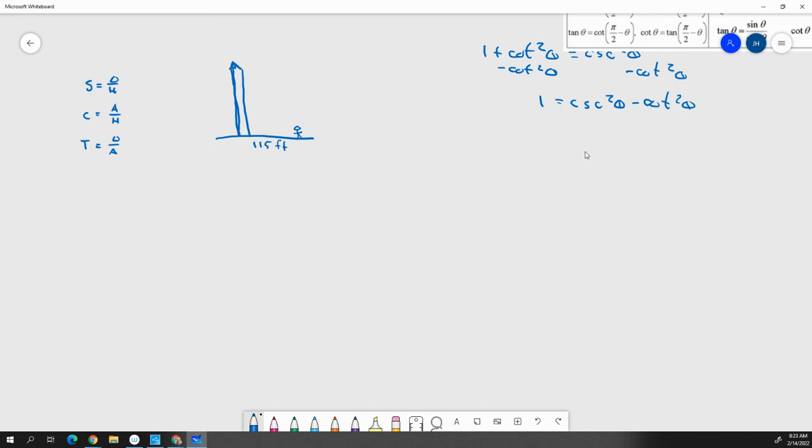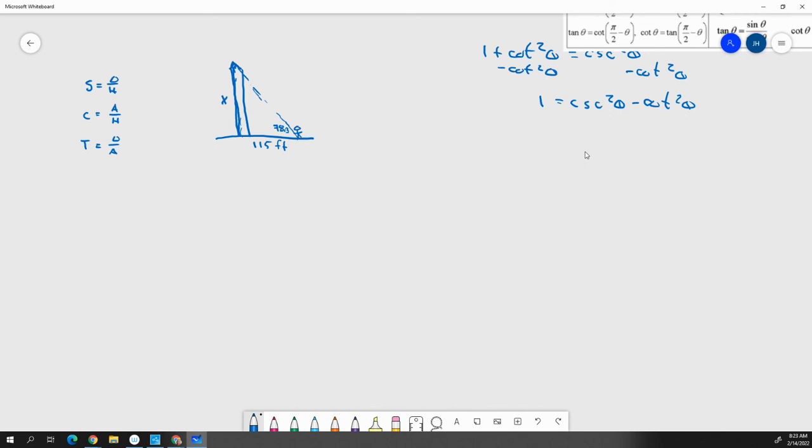He knows that the angle of elevation from where he is to the top of the monument is 78.3 degrees. And he needs to find out how tall the monument is, right? So this is what he needs to find. He needs to find this height.